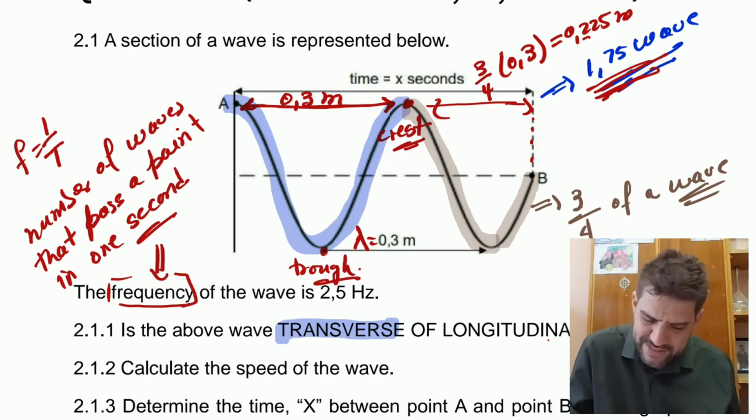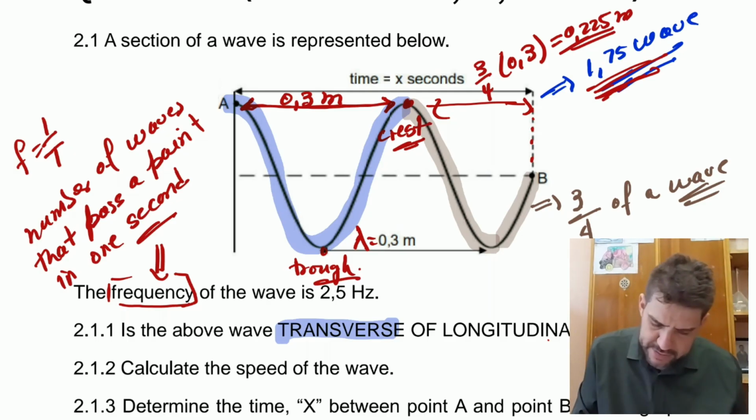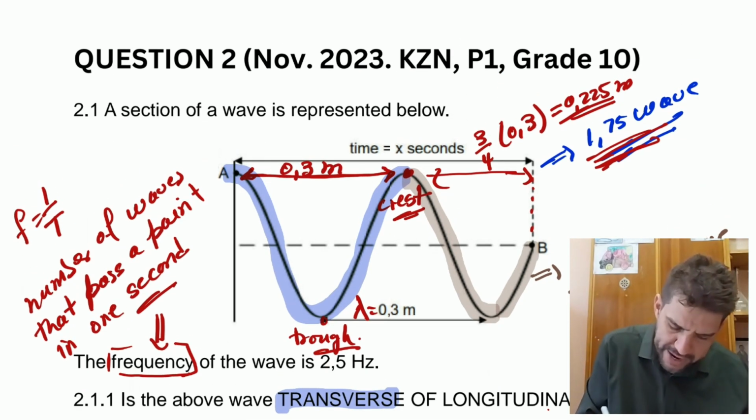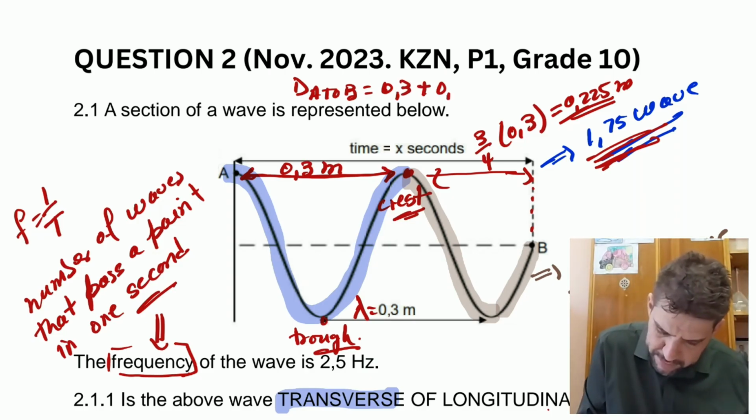So what is the distance from A to B? Well, from A to B, the distance is going to be when you add all that. So from A to B, distance A to B is equal to 0.3 plus 0.225.